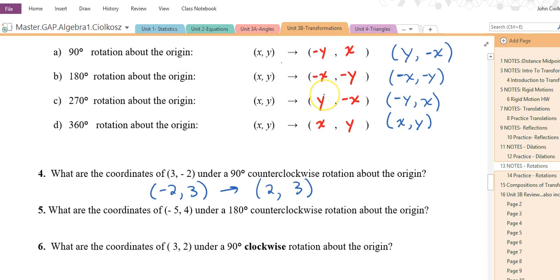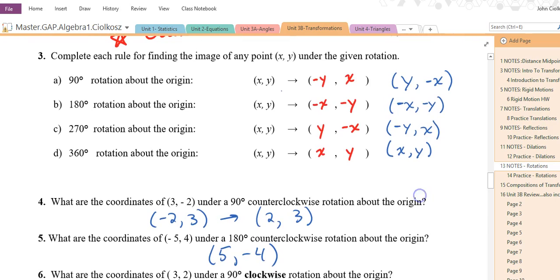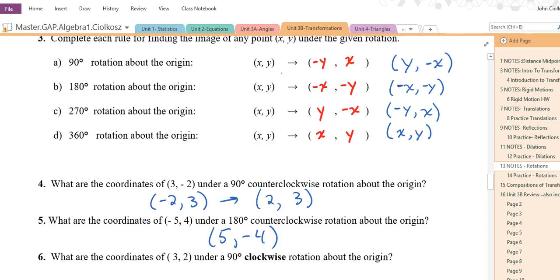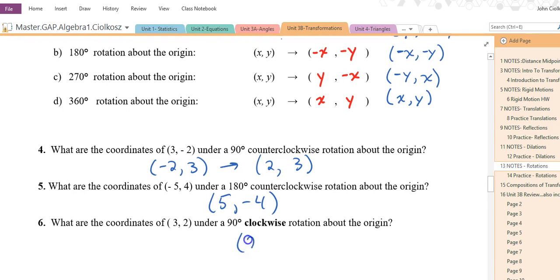The order stays the same, I just switched the signs. So negative becomes positive, positive becomes negative. 90 degrees clockwise, look at the blue. Switch the order, so my x and y turns to yx. The second thing becomes negative. So let's flip the order. Second thing becomes opposite sign.